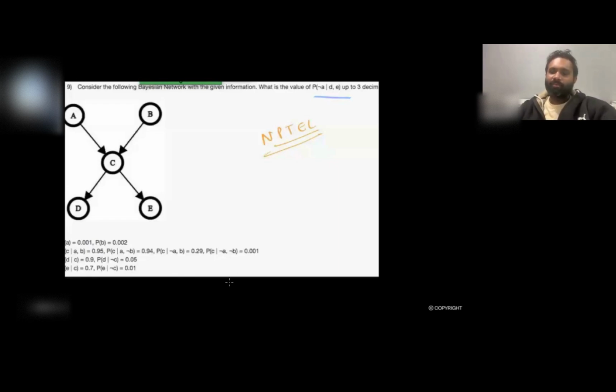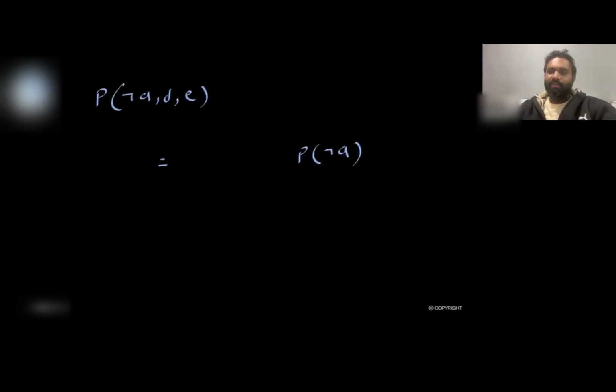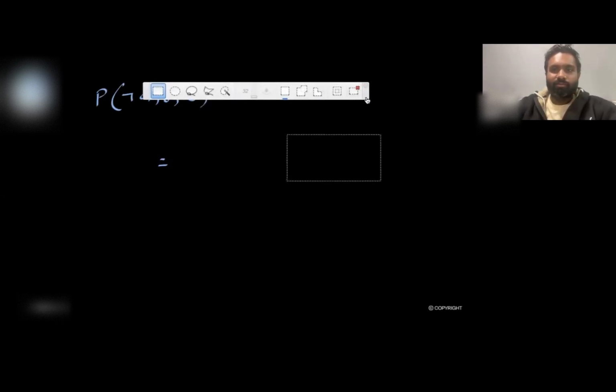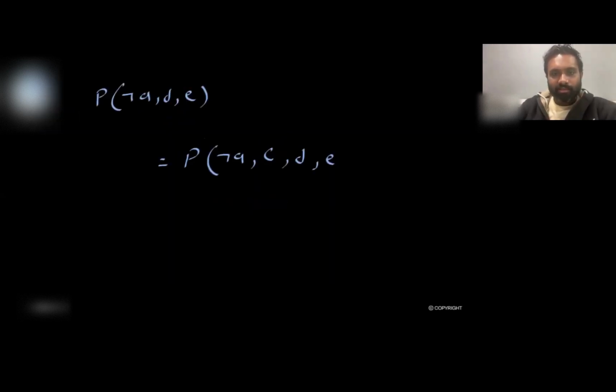Now for C, do you have something? There is no C in the question that is being asked. So first of all, you need to write it in terms of C, right? C has to come into the picture because there is D. So ideally, you can write this in terms of A, C, D, E. B is also needed, I guess.